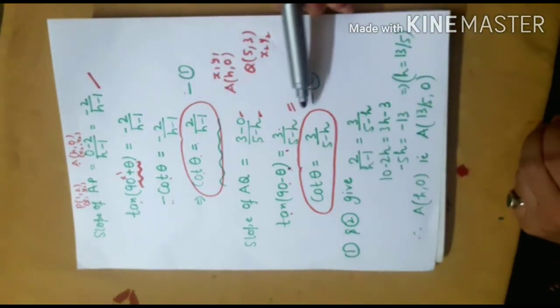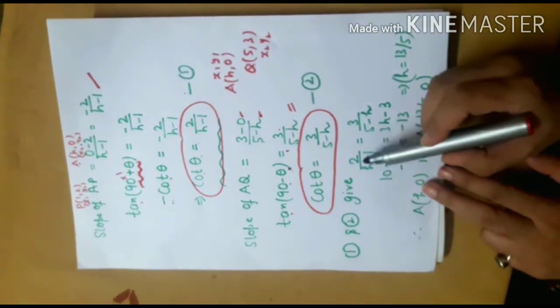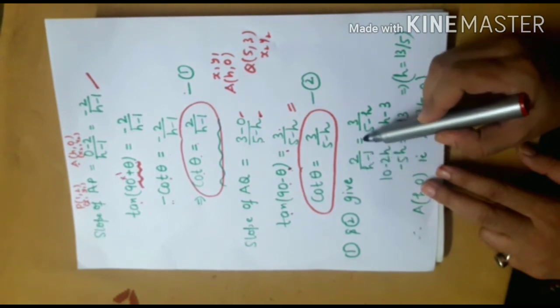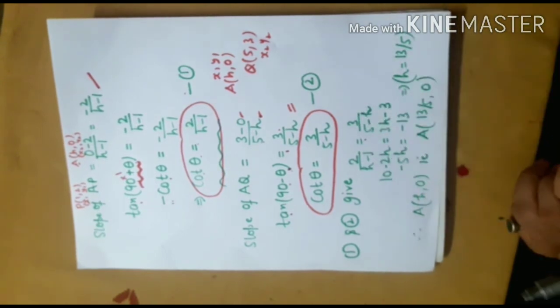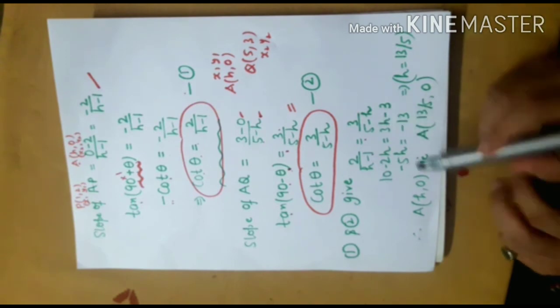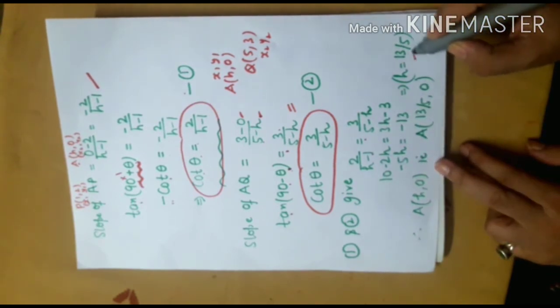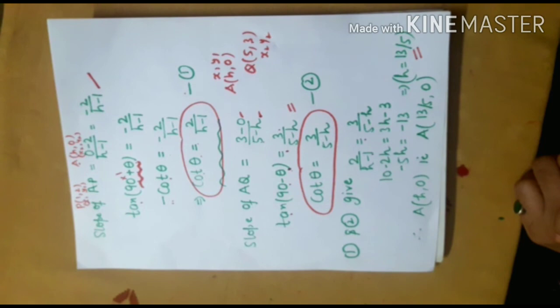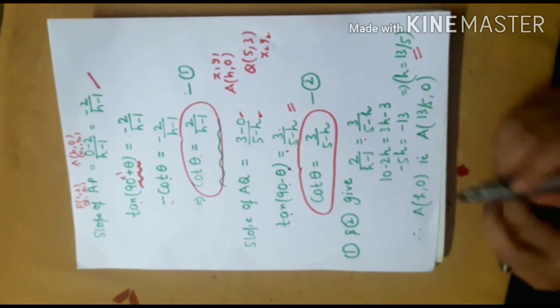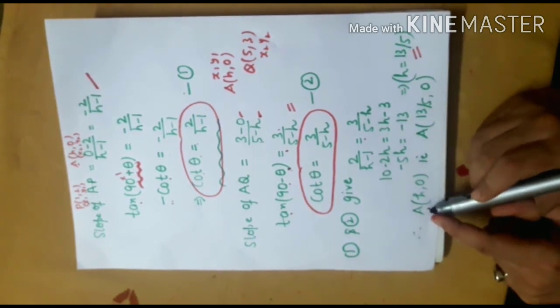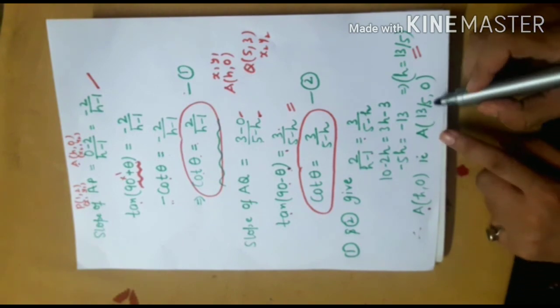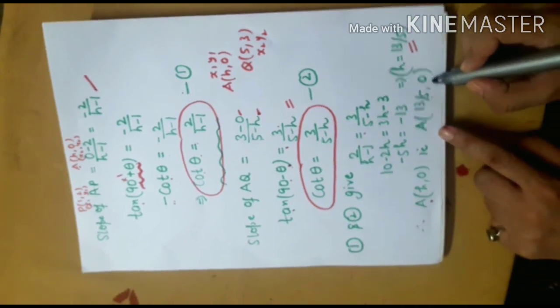So comparing 1 and 2, I'll get 2 over h minus 1 equals 3 over 5 minus h. Cross multiply. From here, I'll get h equals 13 over 5. So the coordinates of the point A, (h, 0), will be (13/5, 0).